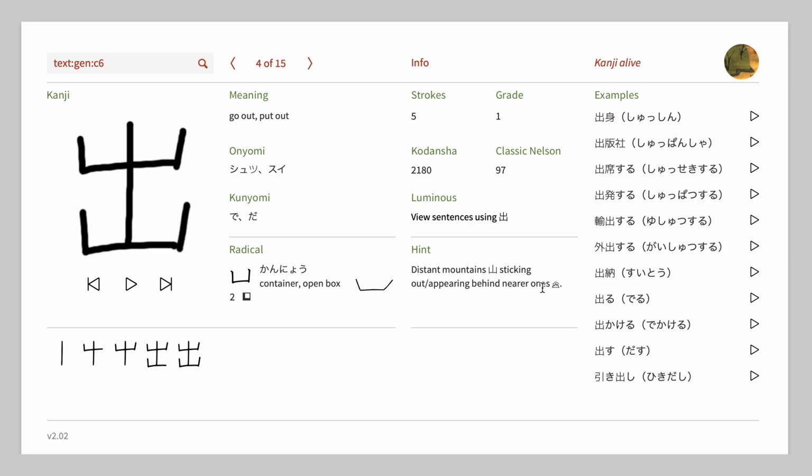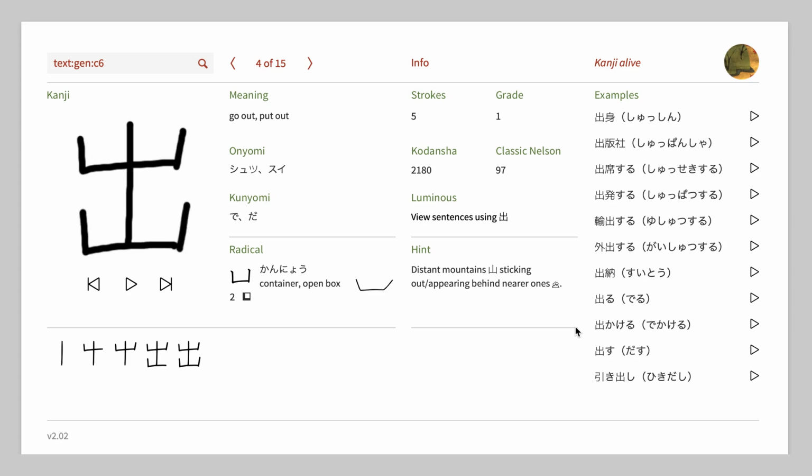And then we have 3 verbs here that you will become or are already familiar with. We have deru, which is to come out, like to come out of the house or go out of the house. Ie o deru, ie o demasu. Dekakeru, which is also to go out.